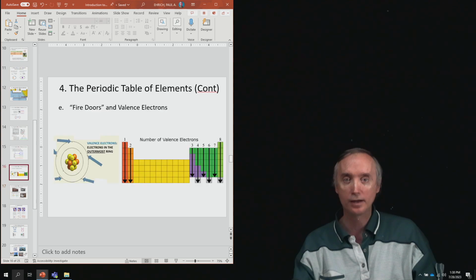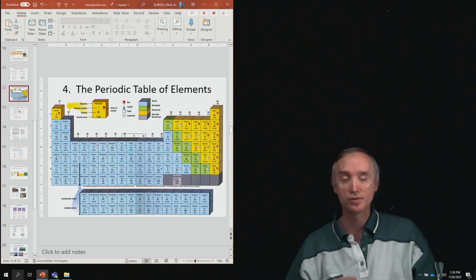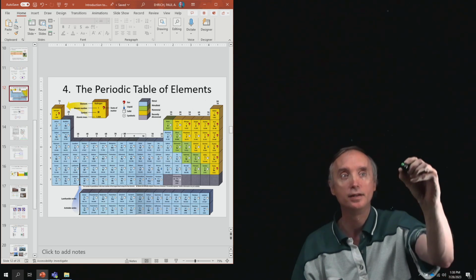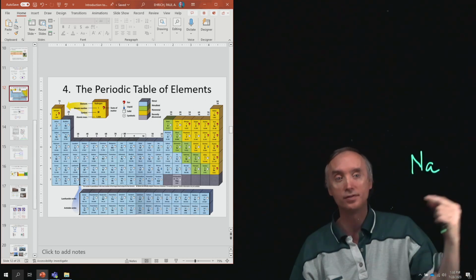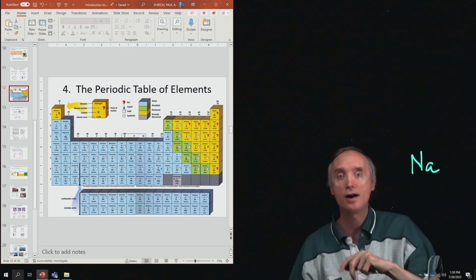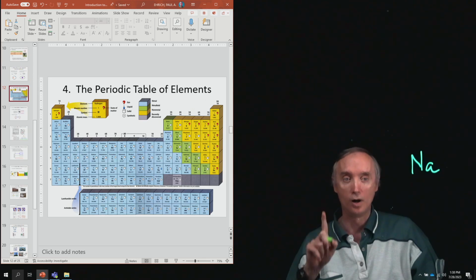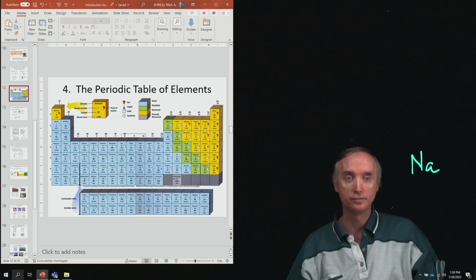If we go back to our periodic table and find sodium on the chart, sodium is going to be Na, and you'll notice that sodium is in the first column. So how many valence electrons does sodium have? One. First column, one outer electron.